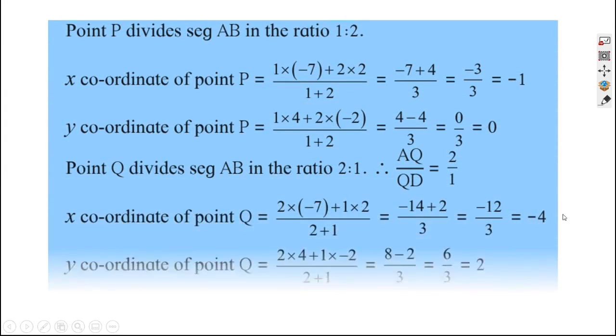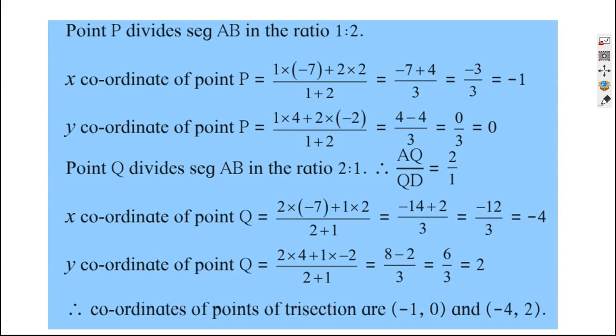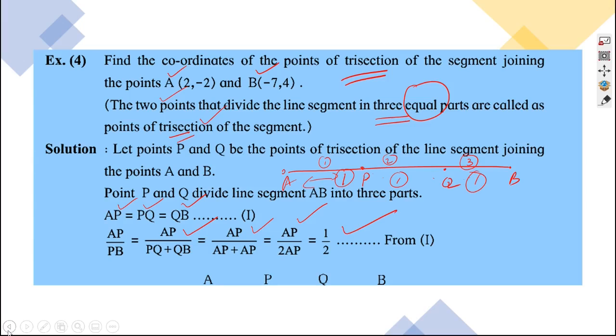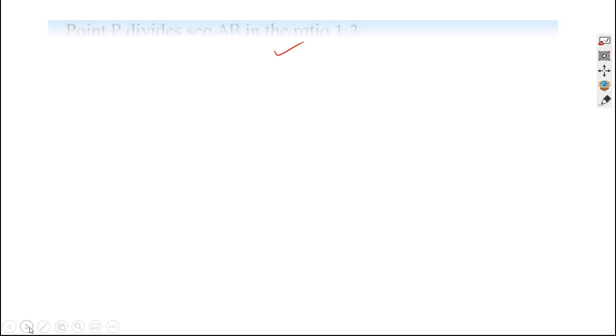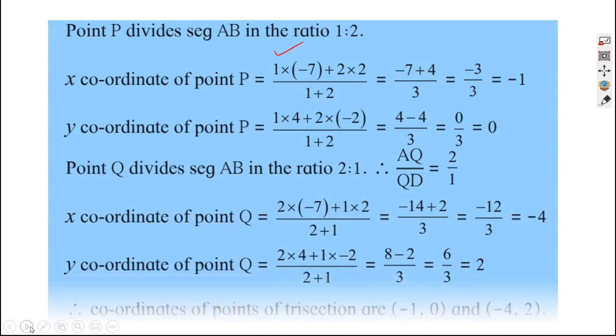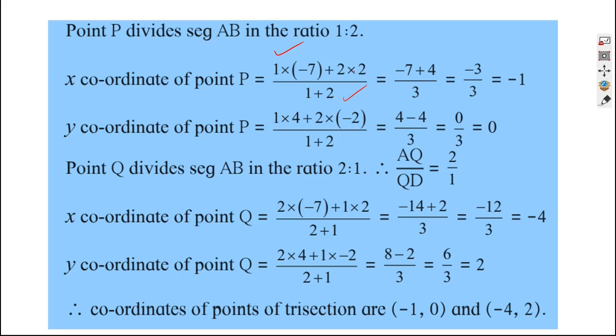The point divides the segment AB in the ratio 1:2. So we got the ratio, and we have the coordinates of A and B given at the beginning itself. So if A and B are given, you can find out P, because you know the ratio is 1:2. That is what we are doing here. We have the ratio 1:2, so M plus N is 1 plus 2. 1 into -7, x equals minus x1.